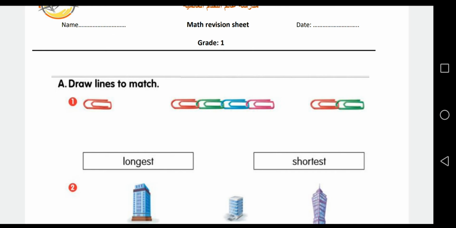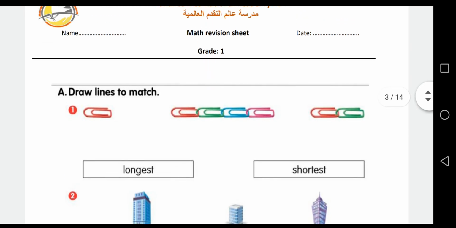Which one is the longest? The 1 paper clip, the 4 paper clips, or the 2 paper clips? Yes, excellent. It's the 4 paper clips. So I will match the word longest with the 4 paper clips.